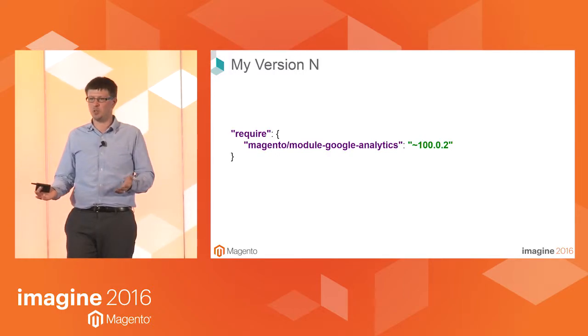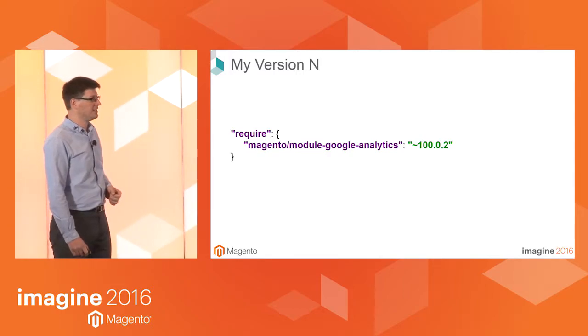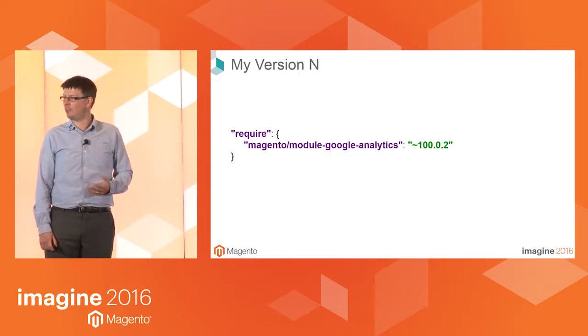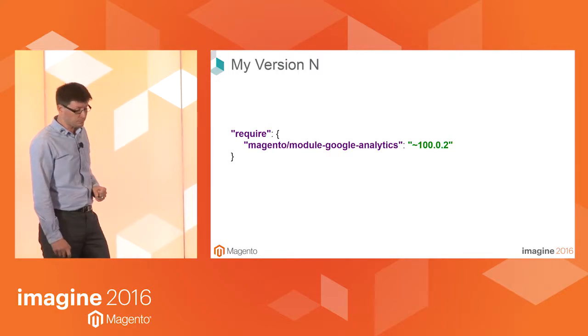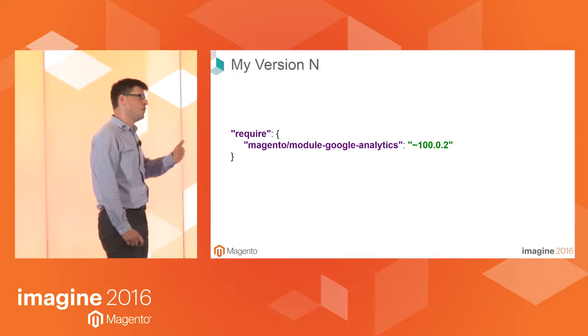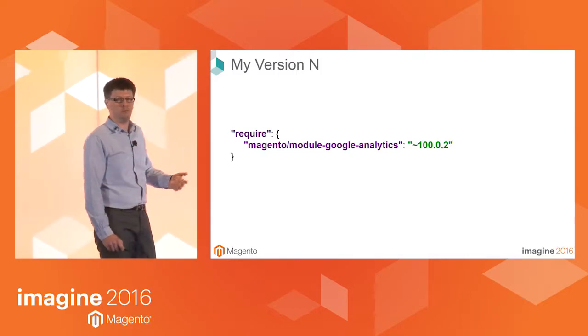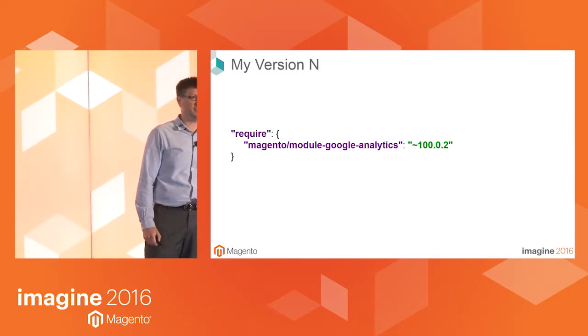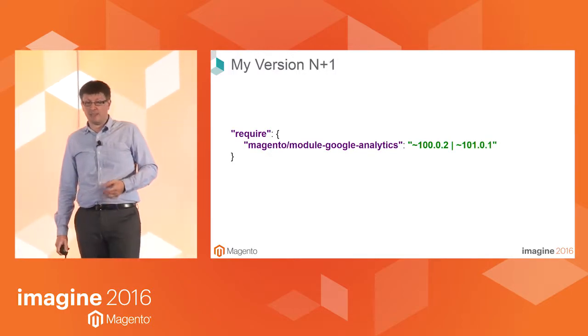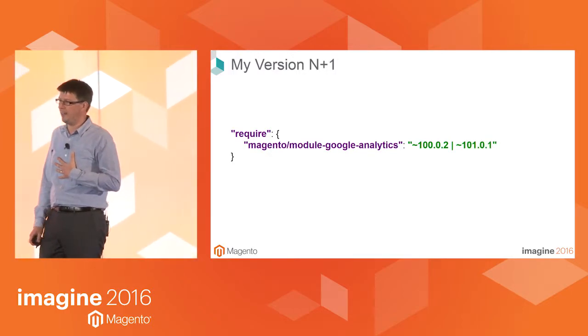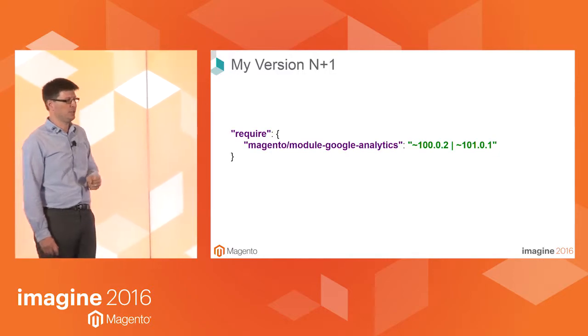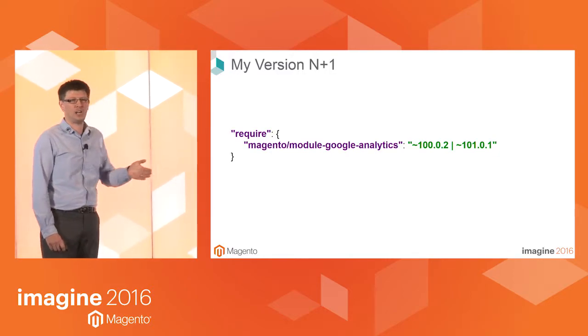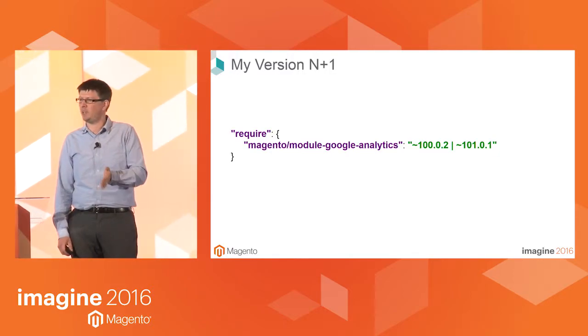Because as long as Magento gets the version numbering right, there's not much I have to be worried about. Now, obviously, time moves on, and at some point, they will have a release which is breaking. And at that point, it comes back to me, and I have to look at my next version, and I have to assess, well, does that break affect me, yes or no?